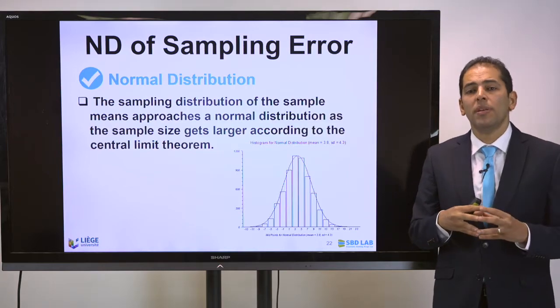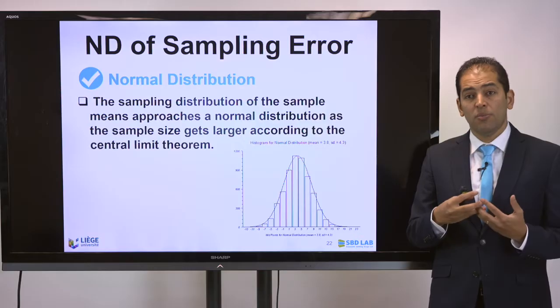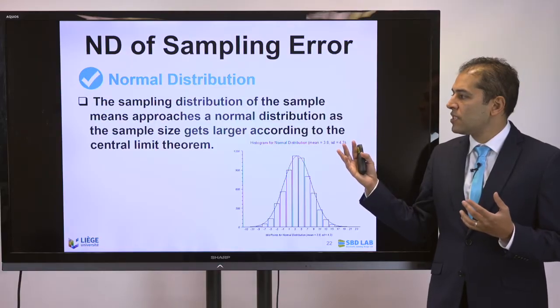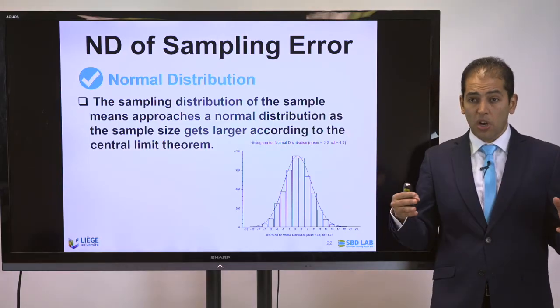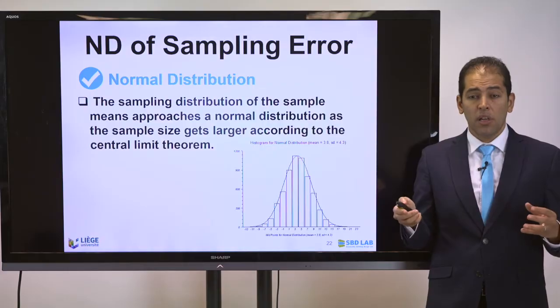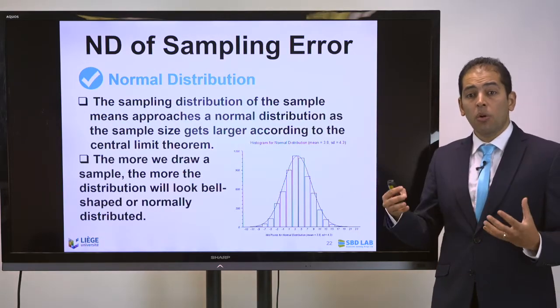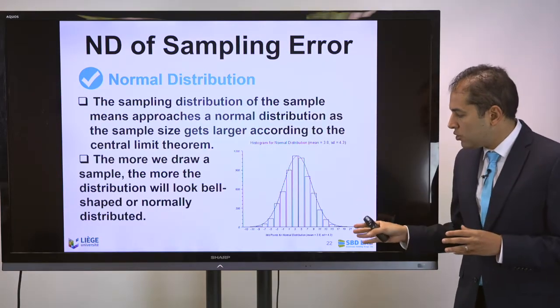Also, when we assume in the central limit theorem that the sampling distribution is normal, we must think of the sampling distribution of the sample as a normal distribution. As the sample size gets larger, according to the central limit theorem, we discovered that the more samples we draw, the more the distribution will look like a bell-shaped normal distribution, as you can see.